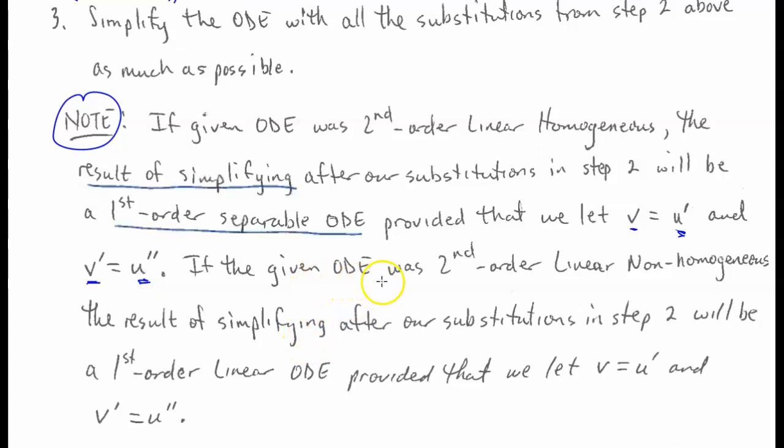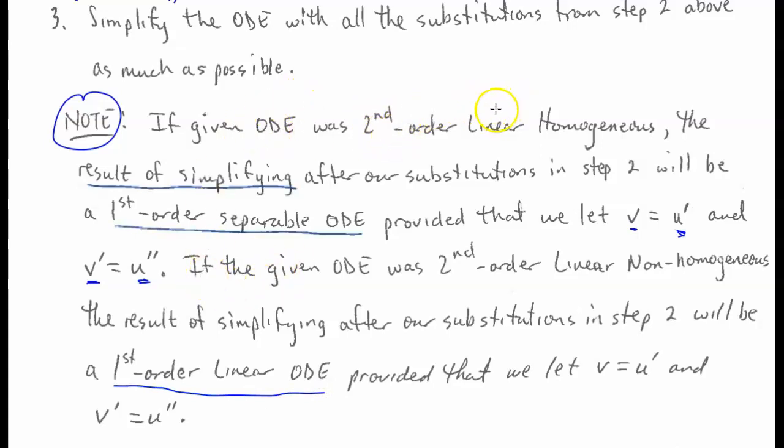Now, if the given ODE was a second order linear non-homogeneous ODE, the result would be that we would have a first order linear ODE. So I'm going to say that again.